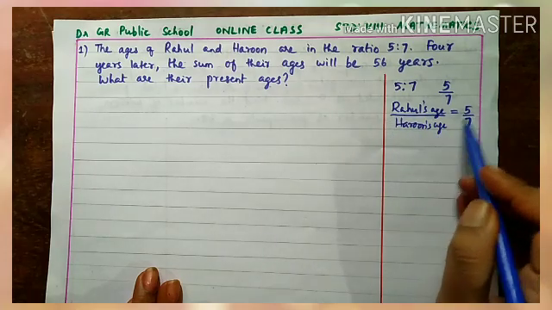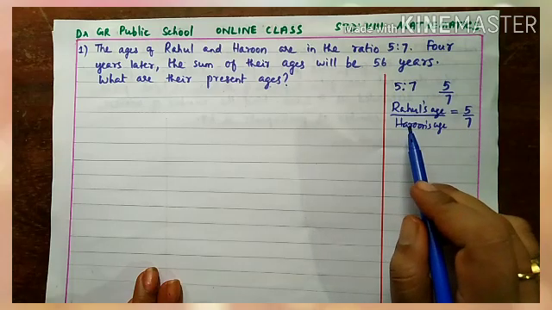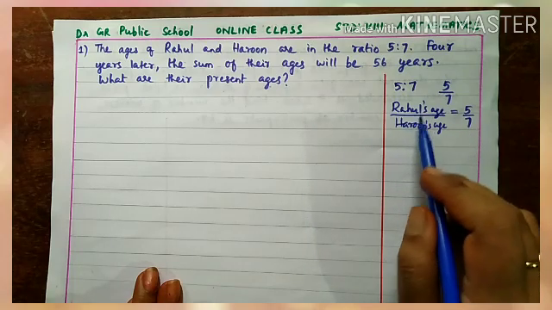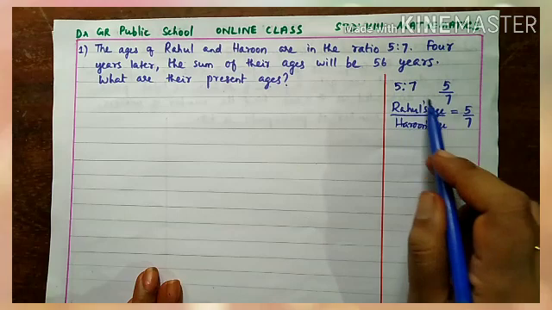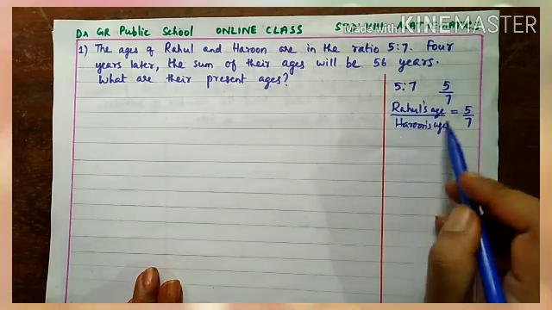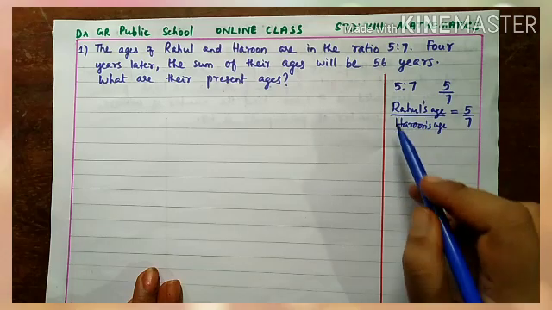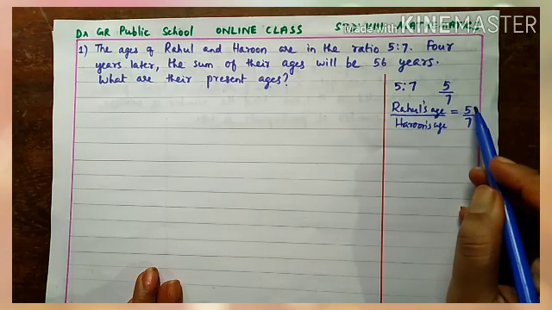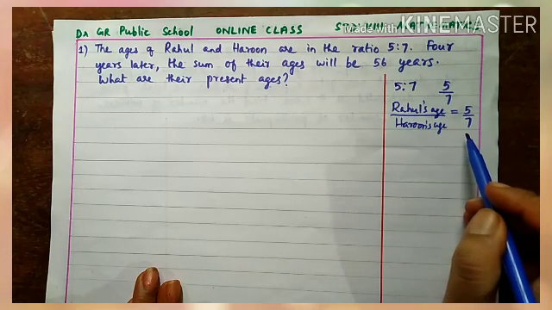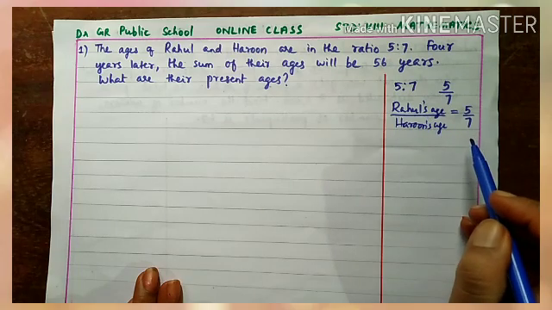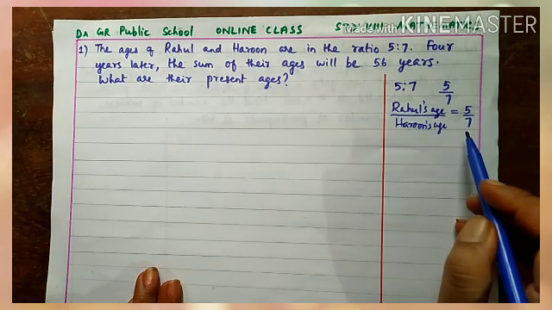This 5/7 is the simplest form of the ratio, correct? We don't know the original ages, so to find them we want to use this ratio 5/7.